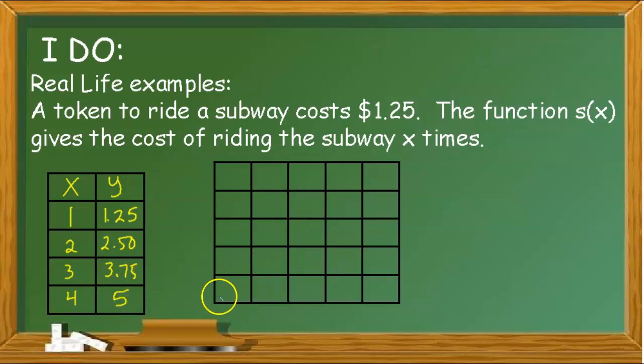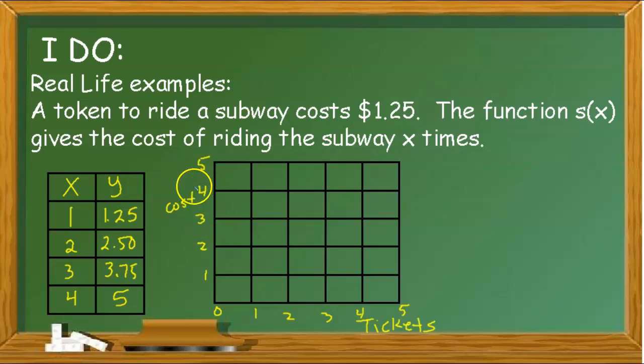And then we could just graph that. So we're going to go to our graph and let's put points on there. This is the number of tickets that I bought to ride the subway. This would be my cost. So 0, 1, 2, 3, 4, 5. We'll talk later on as we do graphs.